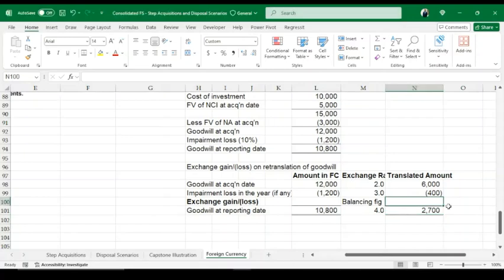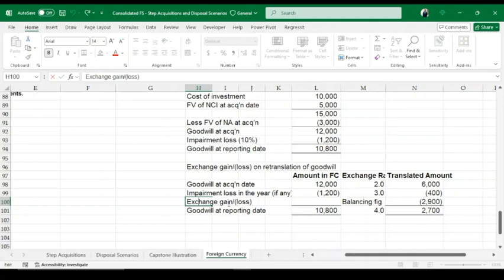That is going to be our closing amount of 2,700 minus our opening goodwill of 6,000 minus the impairment loss, and that will give me negative 2,900. So this is actually an exchange loss right there. That's our balancing figure.